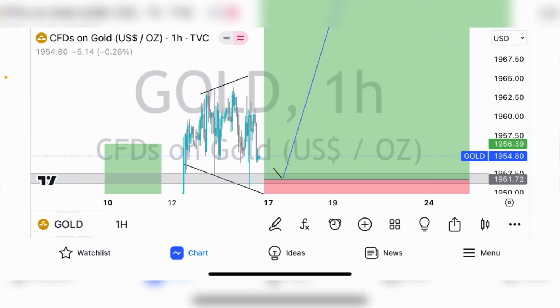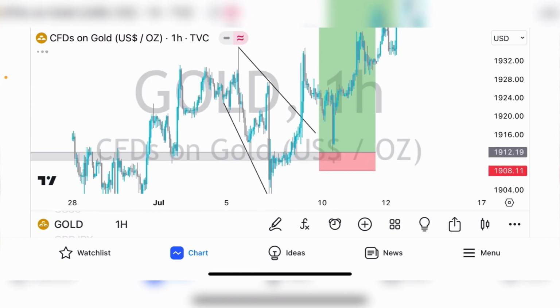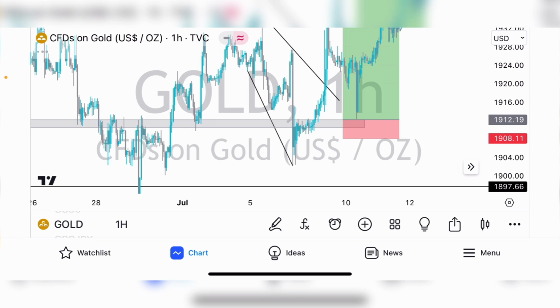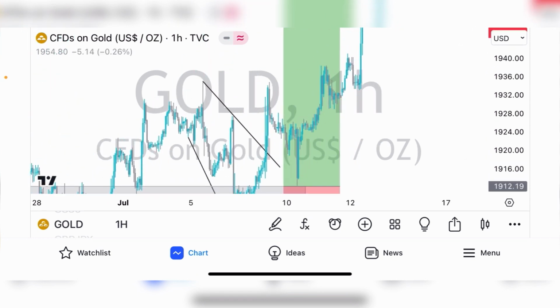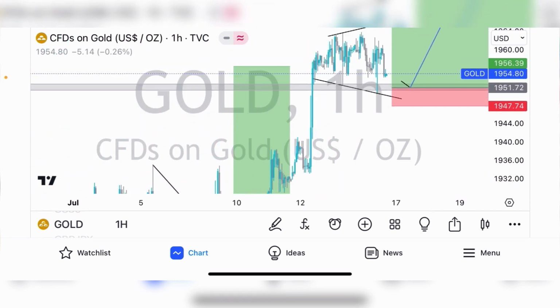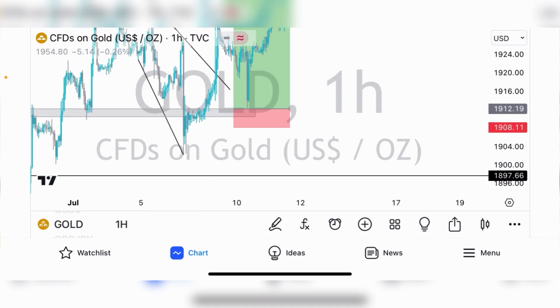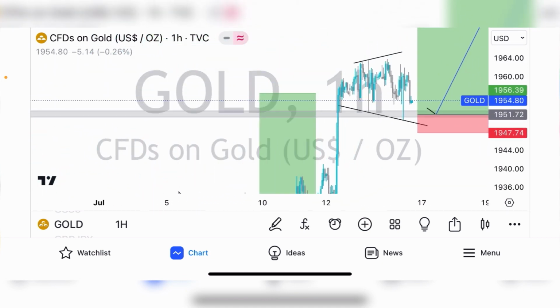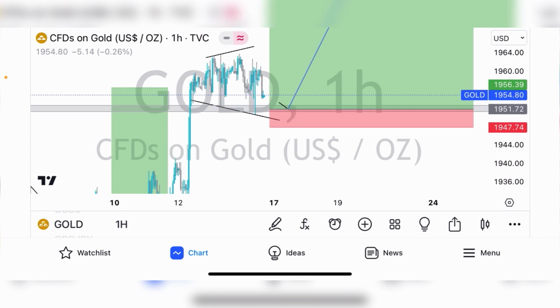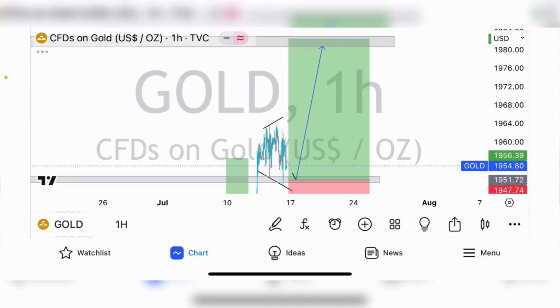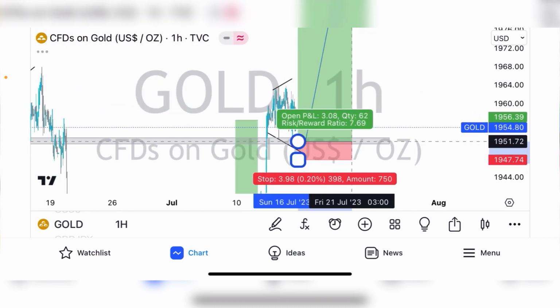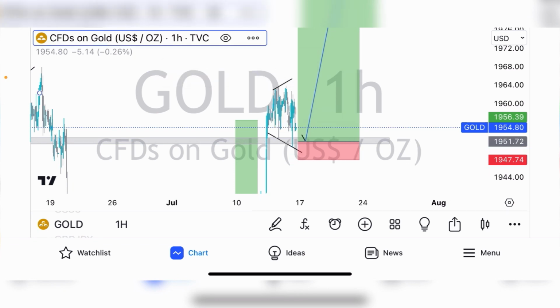Why do I say a bullish continuation pattern? Because previously we had this other one right here and we caught this move from last week, from there to there. Now we are catching it from here up to there in form of a continuation.